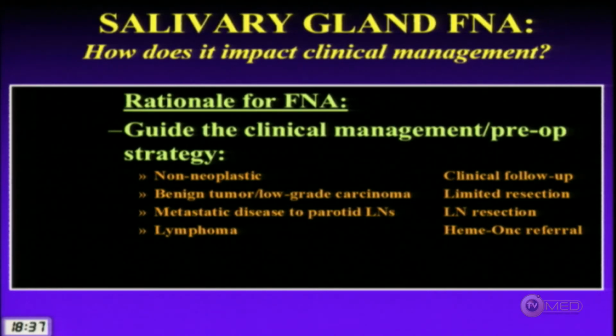There are many lymph nodes around the parotid gland and within the parotid gland that are subject to metastatic disease. We often do FNA for metastatic tumors to intra and periparotid lymph nodes. So if we can make the diagnosis of metastatic, often skin cancer, to one of these parotid lymph nodes, then that patient is probably just going to have a limited lymph node dissection in the parotid region.